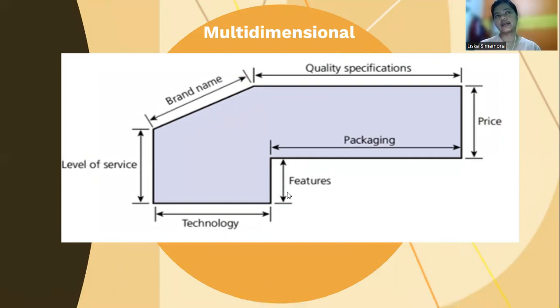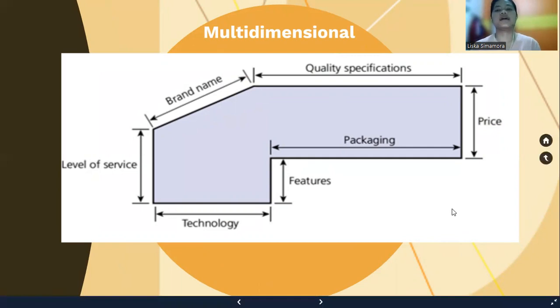How did you define new product previously in the beginning of this lecture? Did you define the product based on the level of service, or on brand name, or on quality specifications, or on the price, or on their packaging?